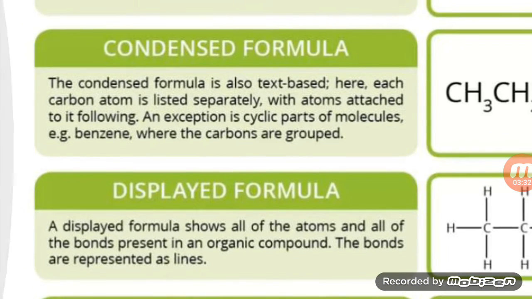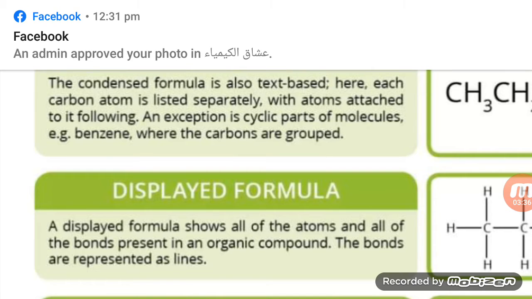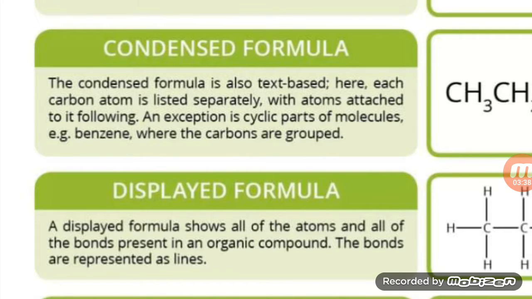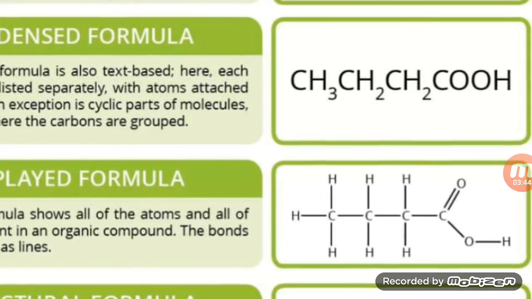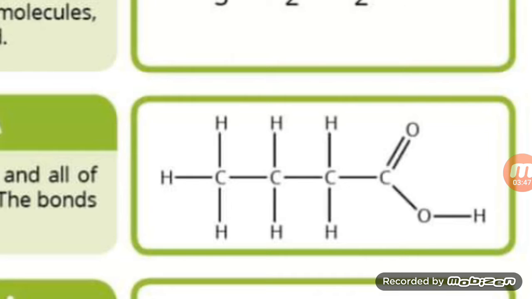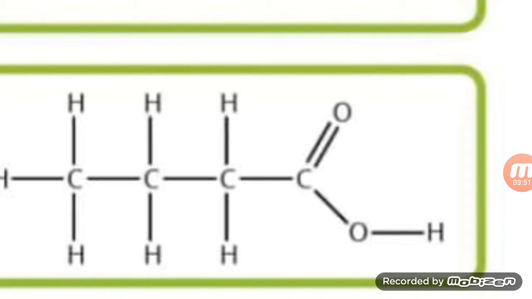Then comes the displayed formula. Displayed formula, as the name indicates, is to display. It is also text based, however the bonds are represented as lines, through which it is clearly seen that hydrogen is bonded to carbon, and here the COOH group is bonded to this carbon.